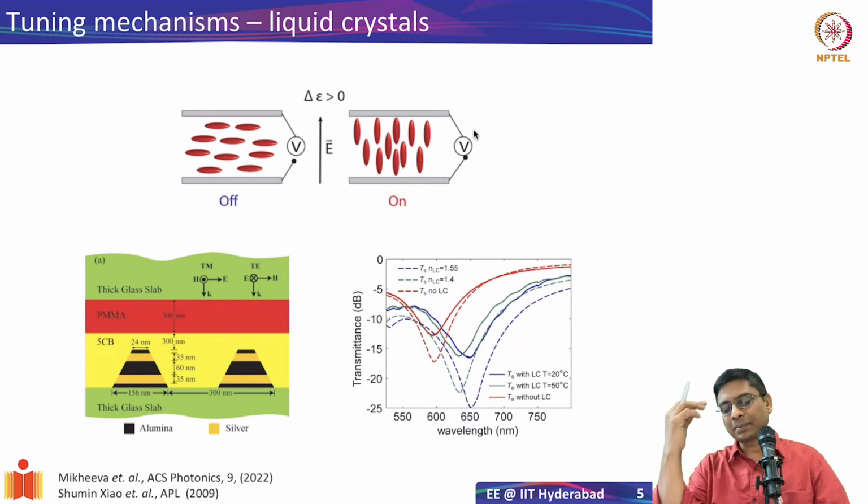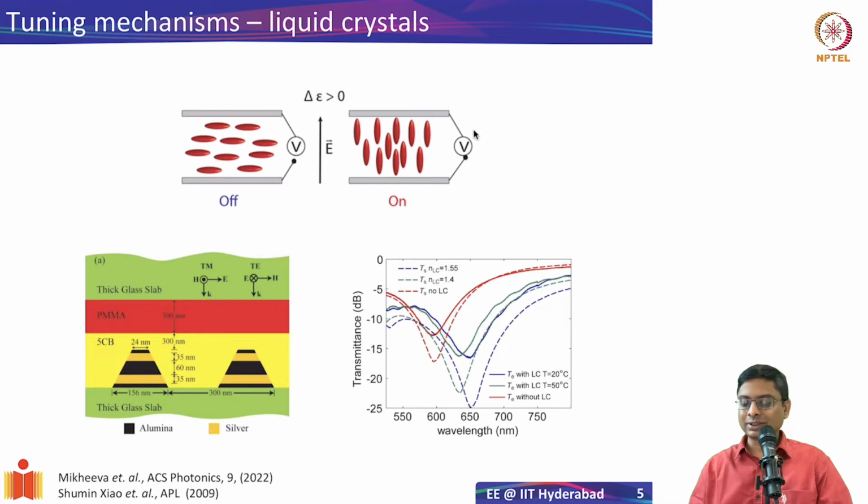So what happens in this case is, you can have these elongated structures representing the individual molecules in a liquid crystal, and when we apply an electric field, they tend to get oriented. Of course, these properties depend on the type of liquid crystal. There are various liquid crystals that are available in the community. They're well developed.